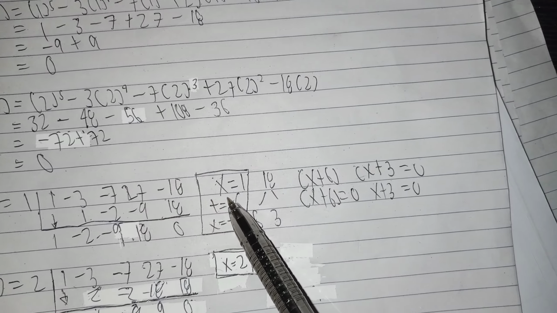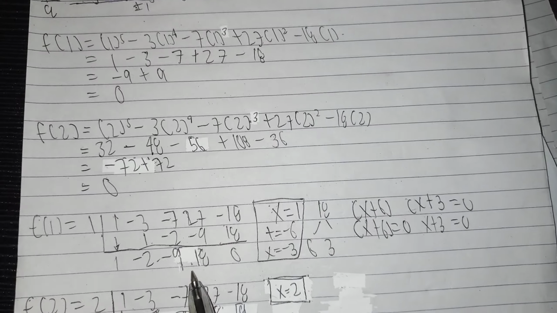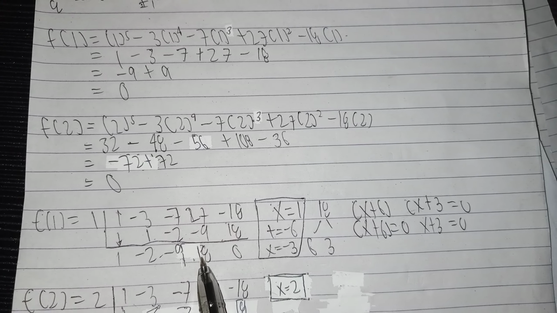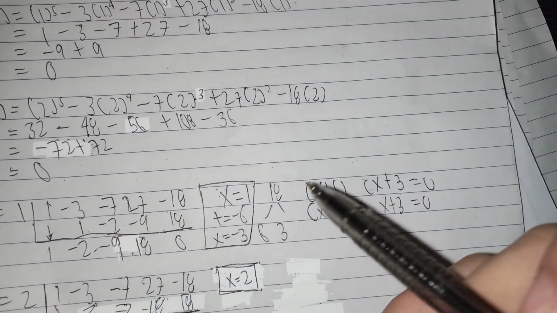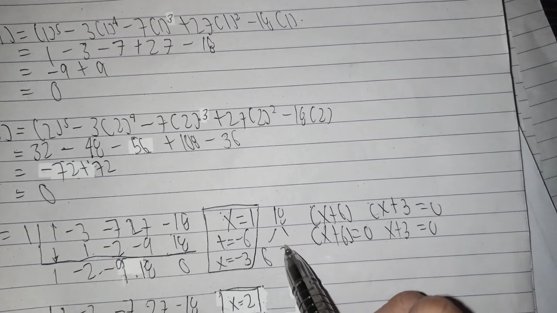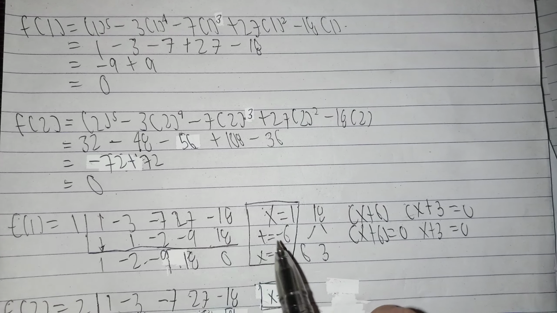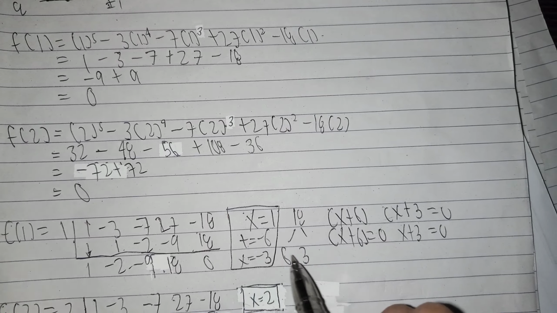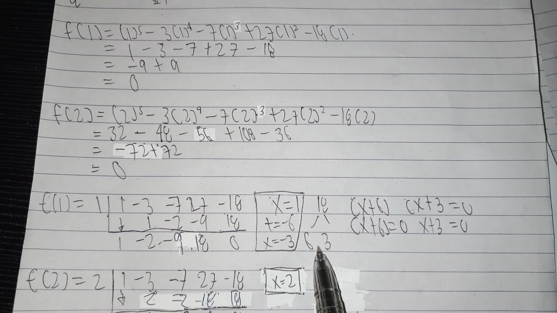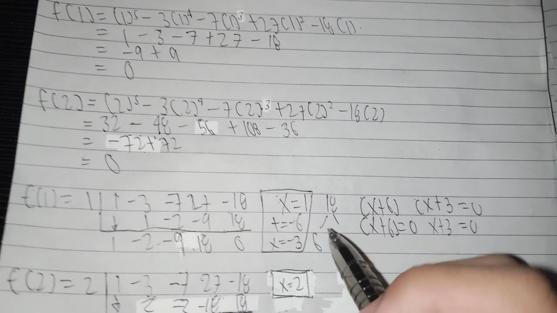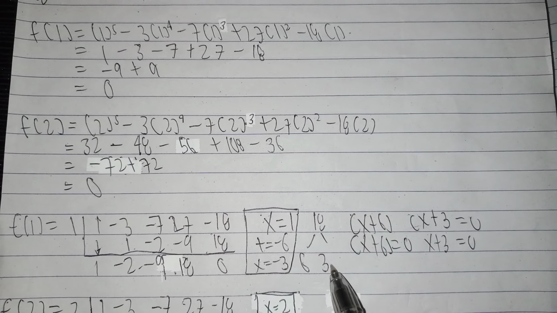our next step is to find numbers that multiply to 18 and add up to negative 9. So 6 and 3. 6 times 3 is 18.